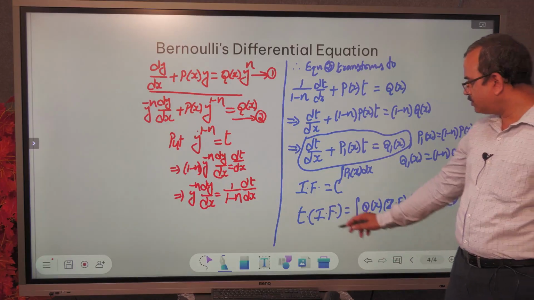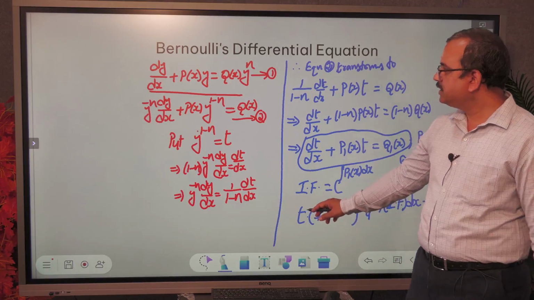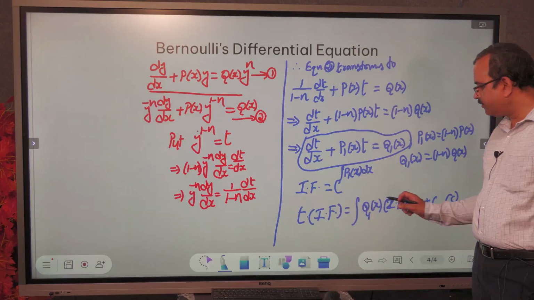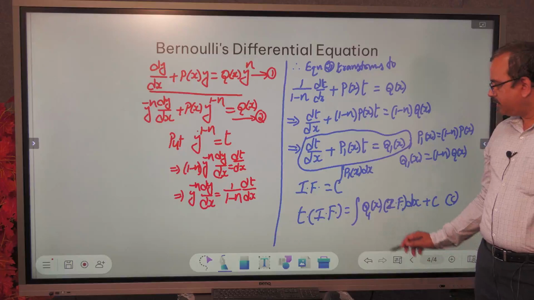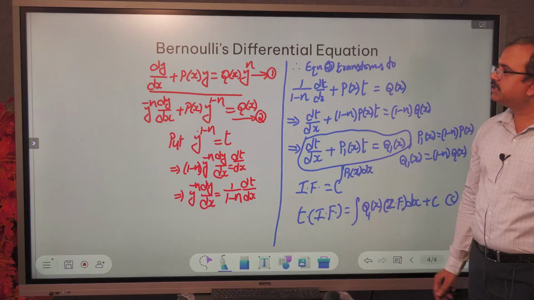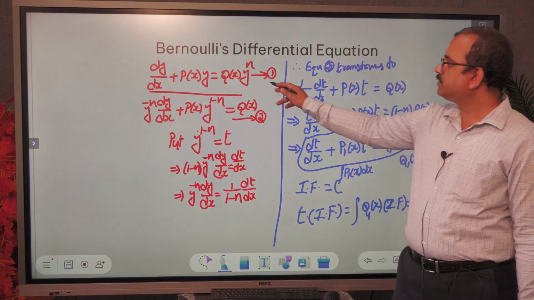Later on we have to substitute t, which is y power 1 minus n, and the integrating factor, and finally by solving this integral on the RHS we will get the solution for the Bernoulli's differential equation.